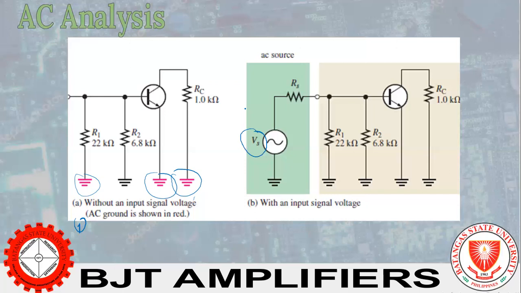If, however, the AC source has a non-zero internal resistance, then 3 factors must be taken into account in determining the actual signal voltage at the base. So, first, our RS, and the bias resistance. When we say bias resistance, it is the R1 and R2 in parallel, because it is a voltage divider bias. That is our RTH.